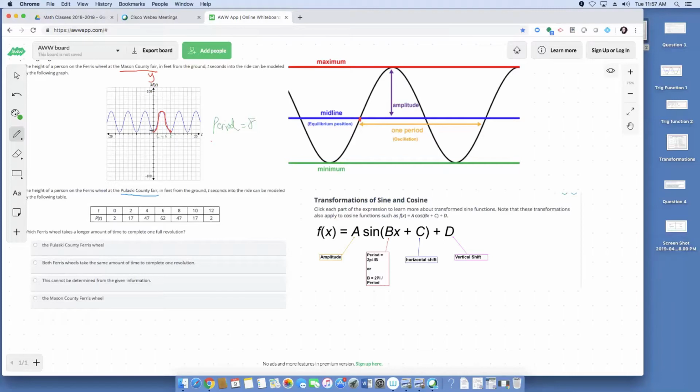Our y value started at 0.5, and we went all the way until we reached 0.5 again. So we're looking for the same y value. Where does our y value repeat itself to make one period? I'm going to pause there. Does anyone have any questions about why I'm looking for a repeating y value to find the period?